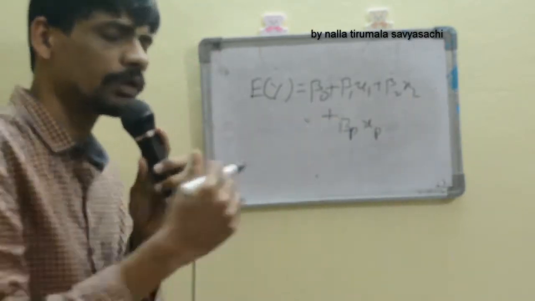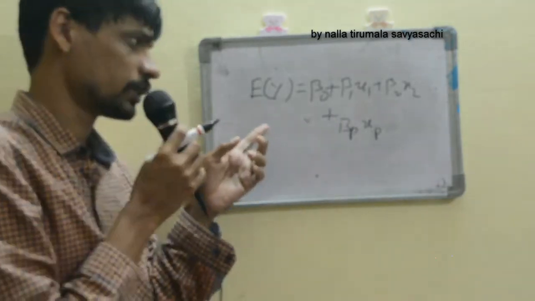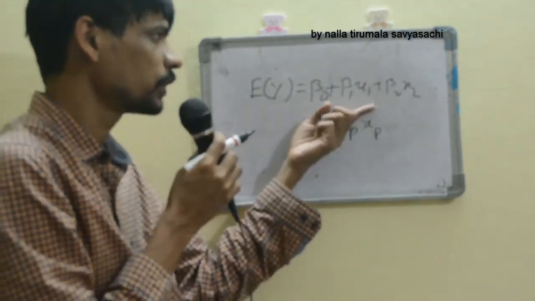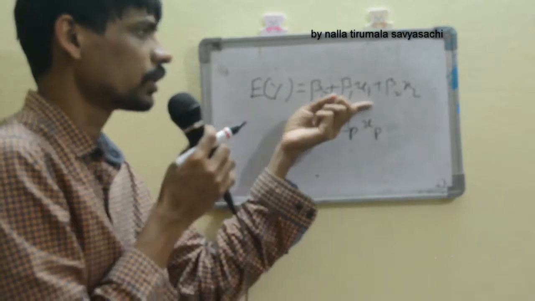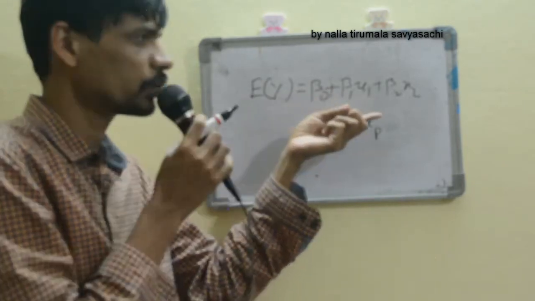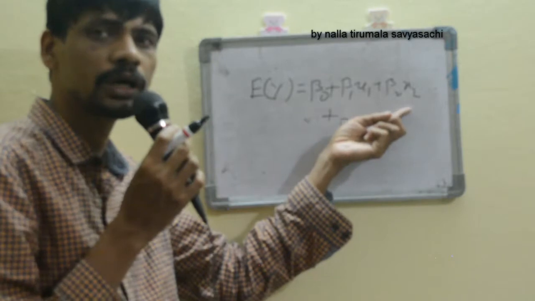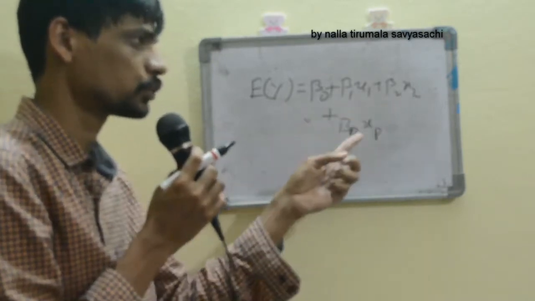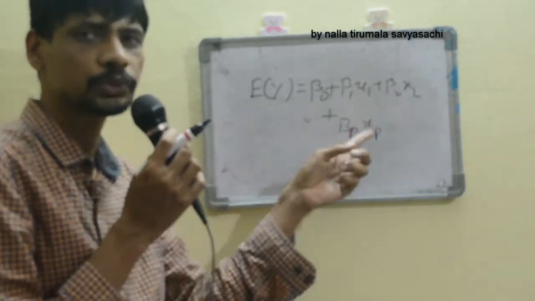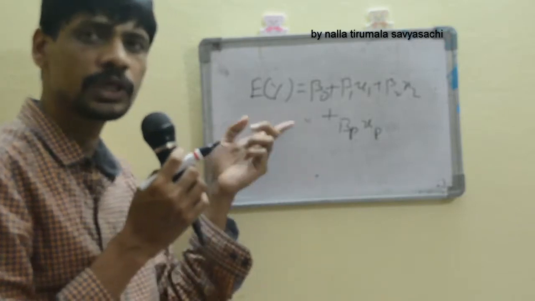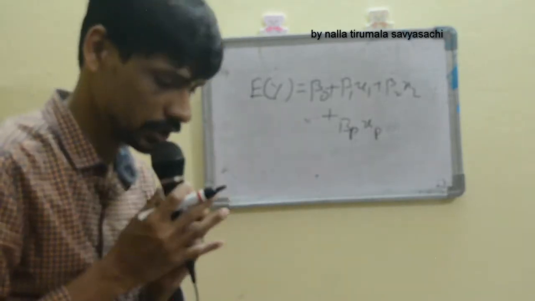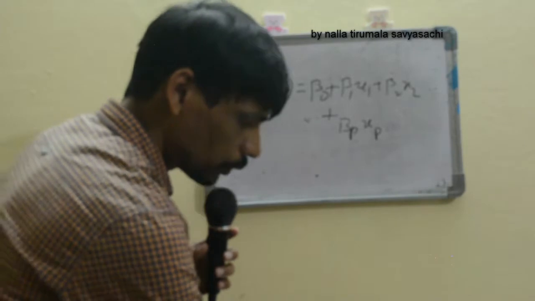This is our multiple linear regression equation. Up to beta 1 x1, this is simple linear regression. We extended it for other independent variables, x2 up to xp. So this is an extension of our simple linear regression.